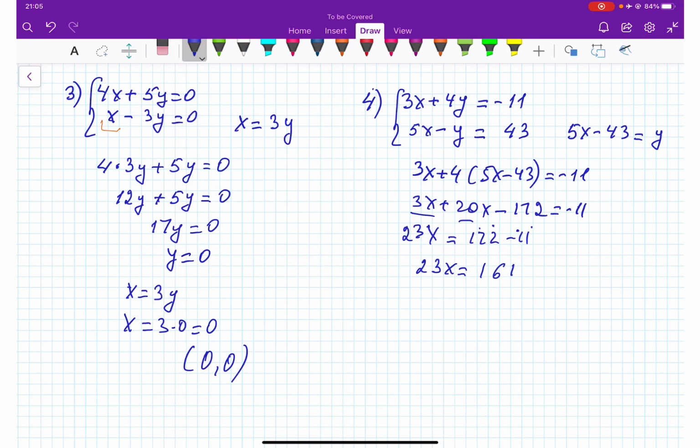So from here, 161 divided by 23, and x is going to be equal to 7.